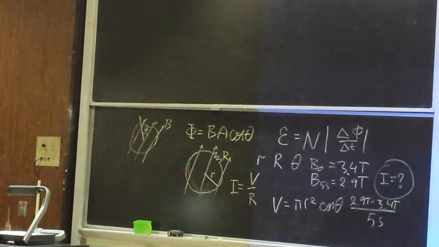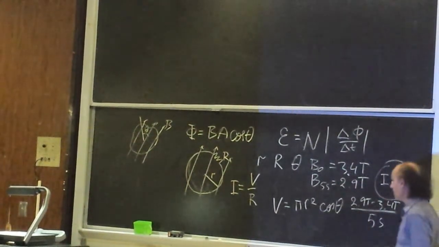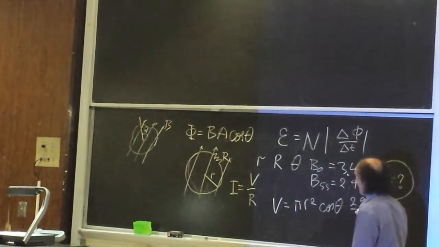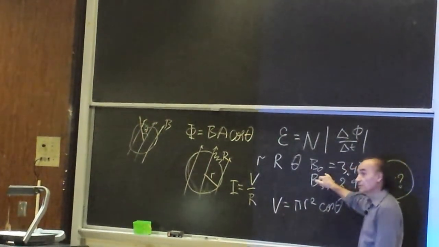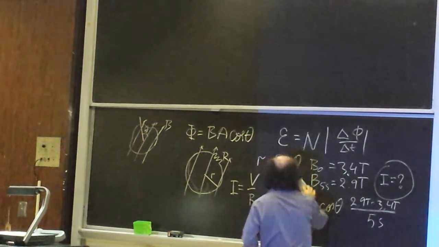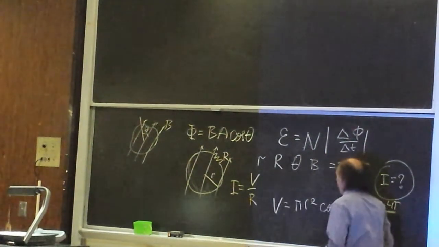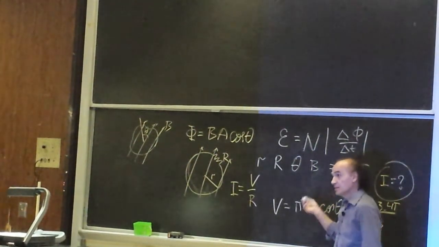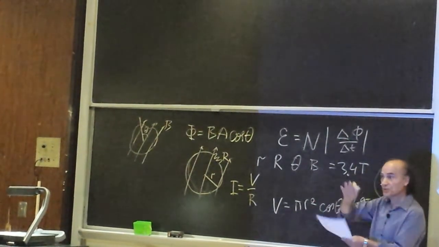Okay, in another case, it may say the magnetic field is constant. Suppose it is 3.4 all the time. The magnetic field is 3.4 Tesla all the time, but the angle is changing. This loop is turning.